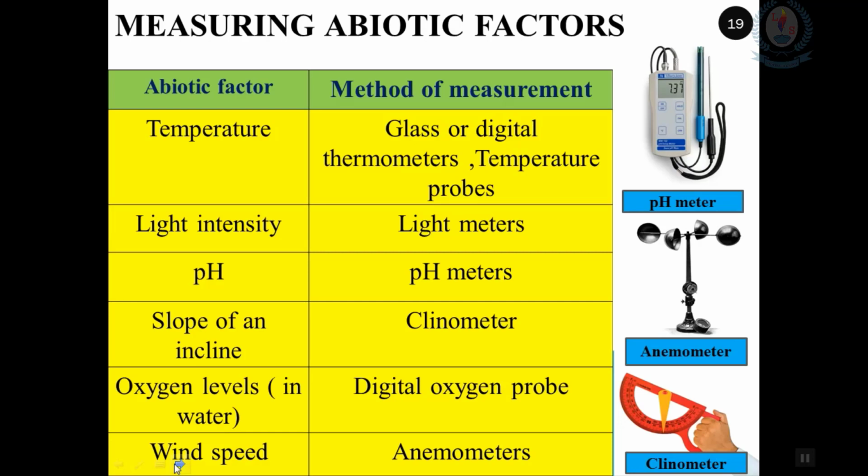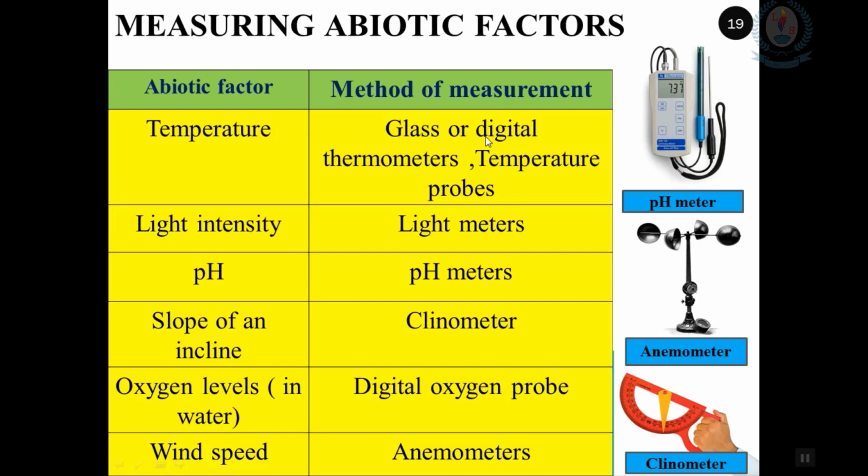It is important to be able to measure abiotic factors which may affect the abundance and distribution of an organism. You will use some of the techniques or methods that you can carry out in practical investigations to find the abundance of an organism in an ecosystem. This table gives a summarized idea of the techniques and instruments that are commonly used to measure abiotic factors.